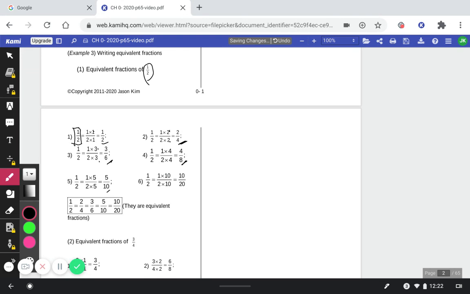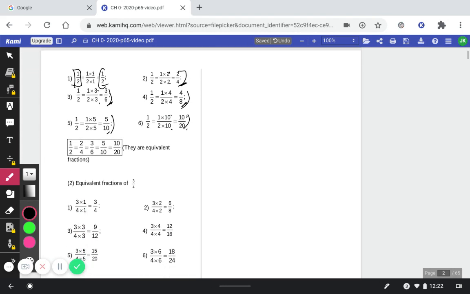If you multiply 1/2 by 10 and 10, then it ends up as 10/20. So all these results are equivalent fractions. So 1/2 has an equal value with 2/4, 3/6, 5/10, and 10/20. They are all equivalent fractions.